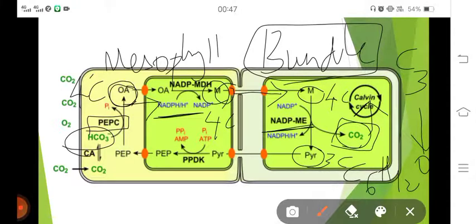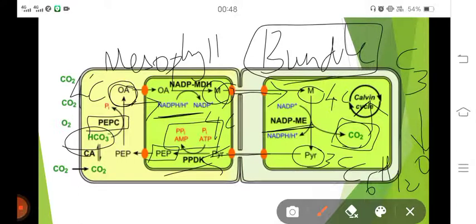This 3 carbon compound will come out of the chloroplast of the bundle sheath cell and enter into the chloroplast of the mesophyll cell. Here it is going to take the energy called ATP in the presence of an enzyme called kinase, PPDK, that means pyruvate phosphate dikinase, and converts itself into phosphoenol pyruvic acid.